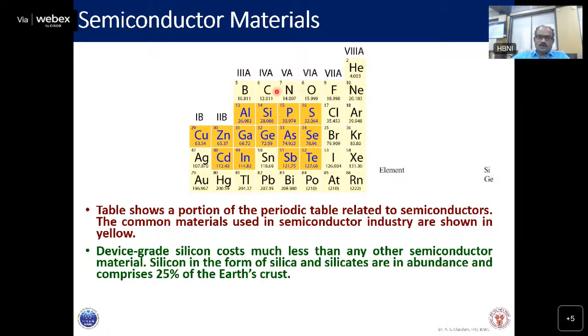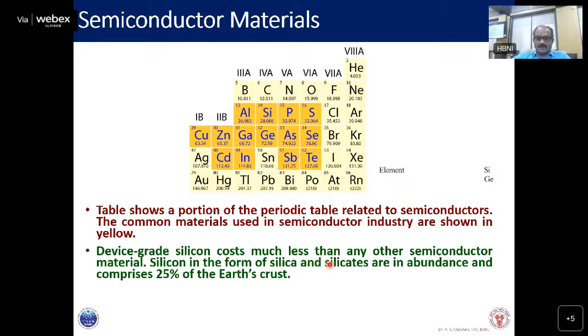These two materials, silicon and germanium, are the most common. Silicon is the most common material used as a semiconductor because it is available in abundance on the earth.